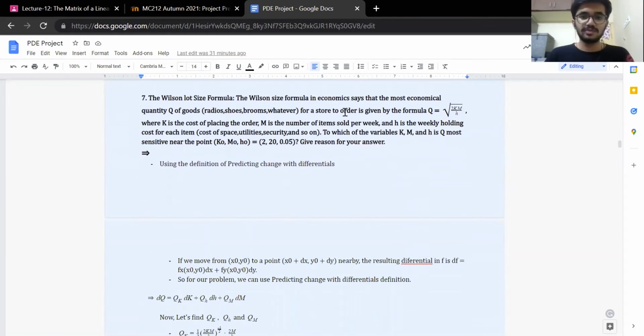And in the second problem, we are given an economical problem. It was the quantity of goods, like radios, shoes, brooms, whatever, from a store, and there were factors k, m, h, and we need to find the sensitivity of each, like Q is more sensitive to which variable.